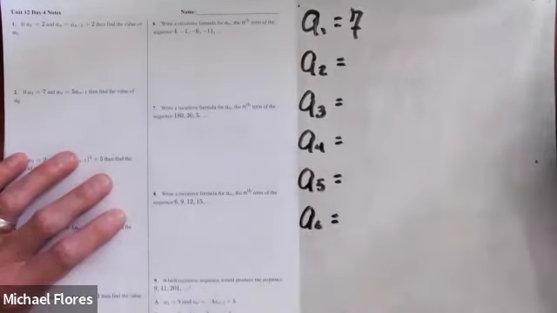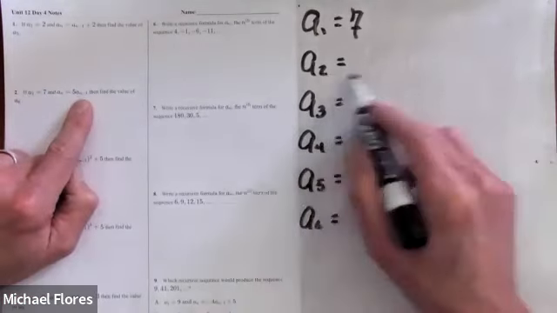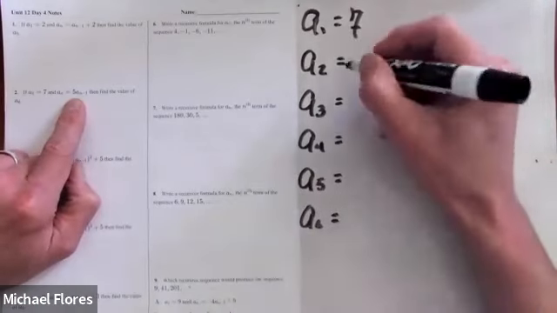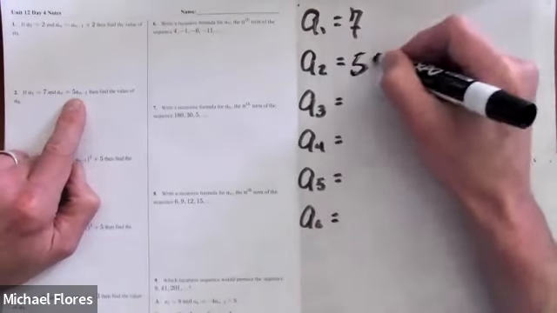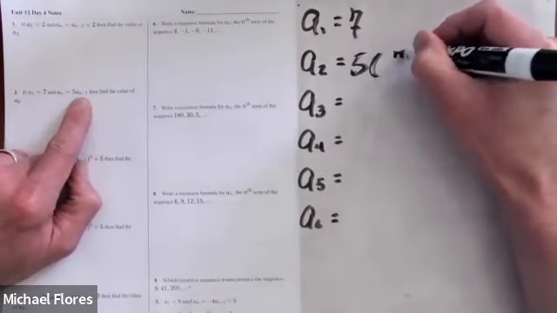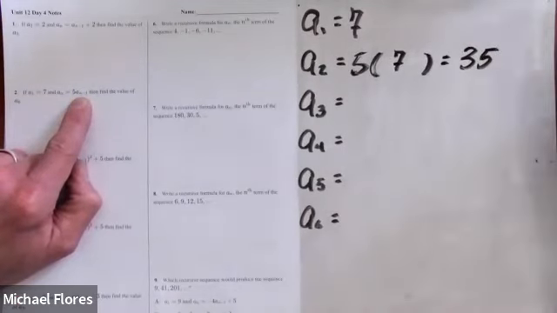And we'll start here. To find the second term, begin with 5 and multiply by the previous answer, which was 7. So our second term is 35.